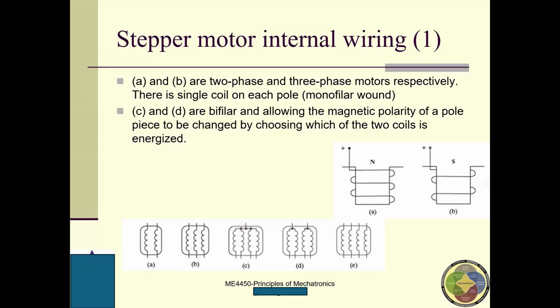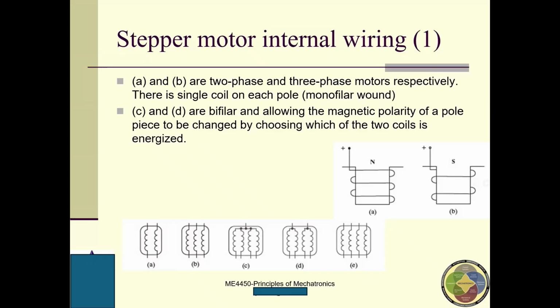Bifilar means that on one pole I have two weldings. This is one pole, okay? This is one pole. You can see this one pole, right? So this I use the right hand side. So this is north. For this guy, if this is a cathode, and the current goes in this way, I need to use the right hand rule this way.